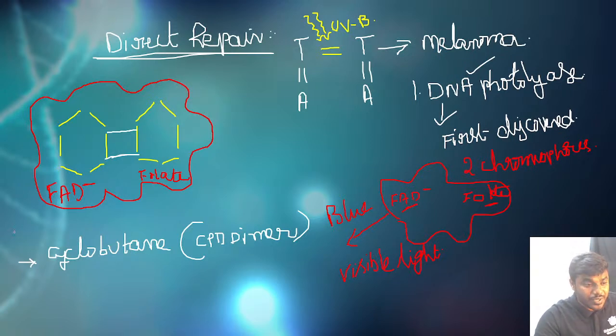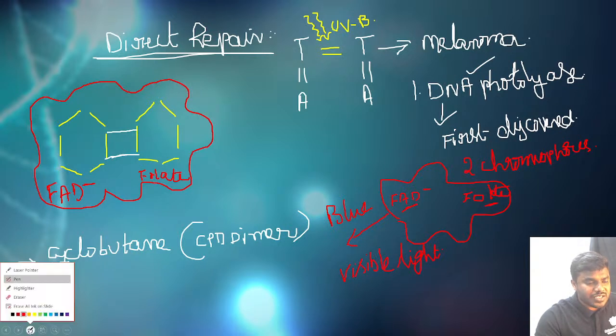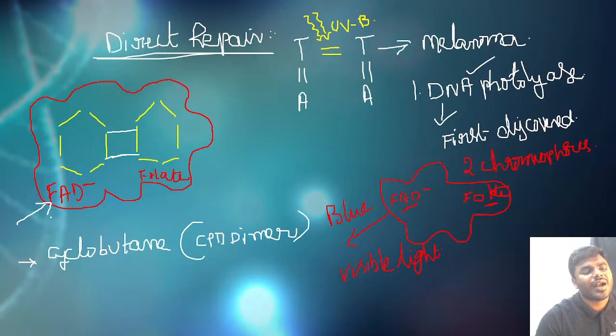Look into the picture. You know what the FAD will do, friends? FAD starts absorbing the blue light continuously. I want all of you to understand. The FAD minus continuously absorbs the blue light. Upon absorbing the blue light, friends, the FAD minus gets excited. Listen to me carefully.